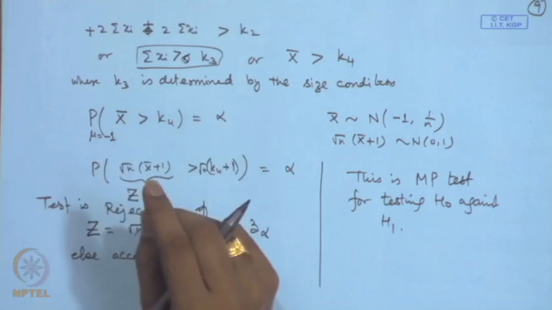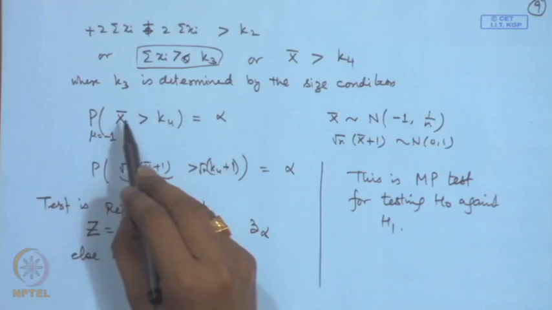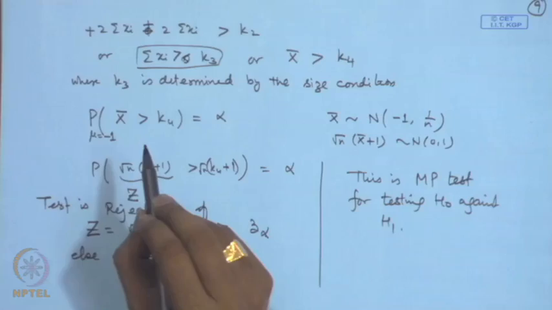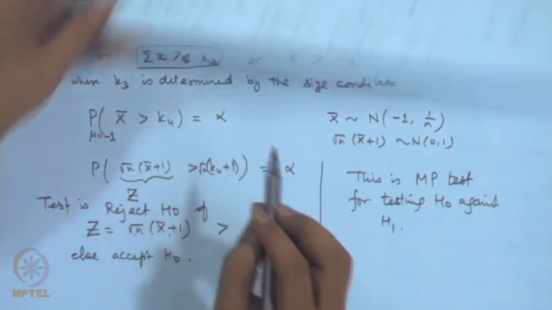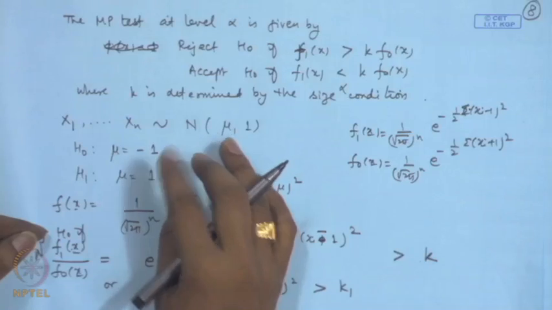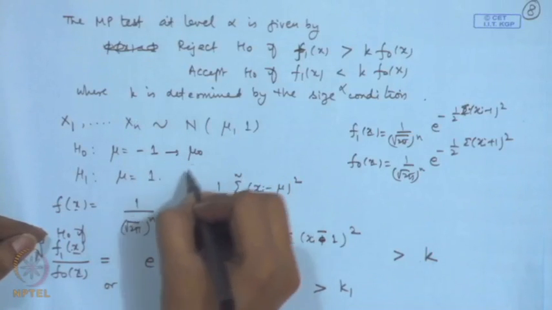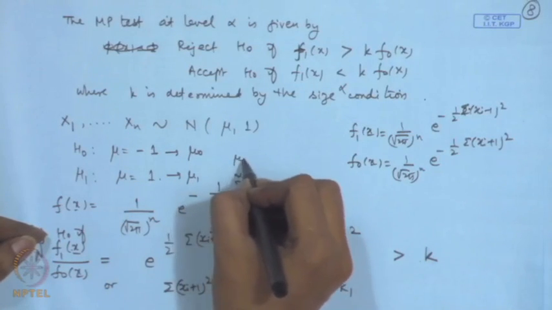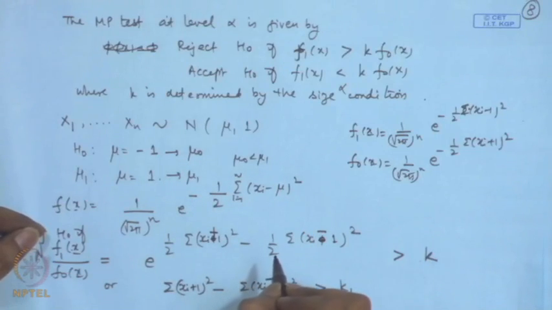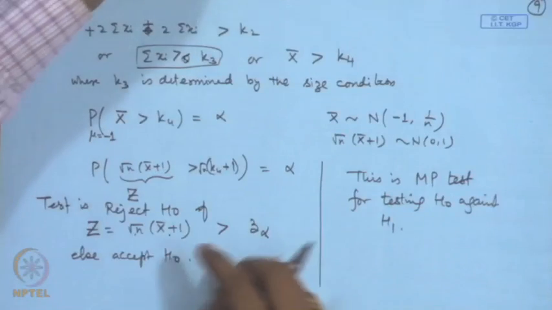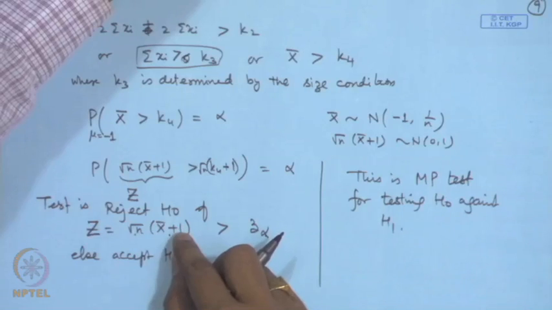It is a consistent and unbiased estimator, and here it turns out that x bar is greater, then we reject h naught. Likewise, in place of minus 1 and 1, if I had written mu naught and mu 1, where mu naught is less than mu 1, the form of the test statistic would have been the same, except that the 1 would have been replaced by x bar minus mu naught.